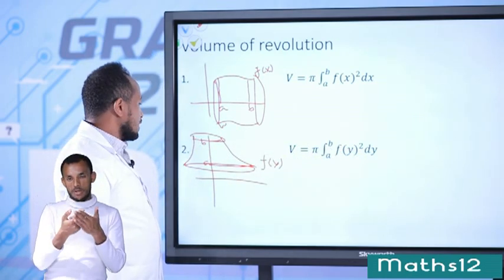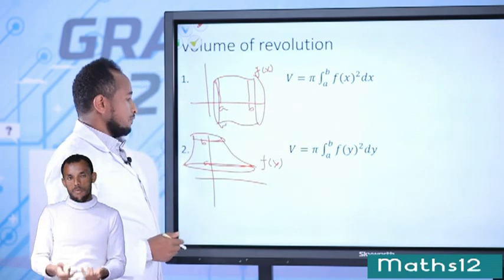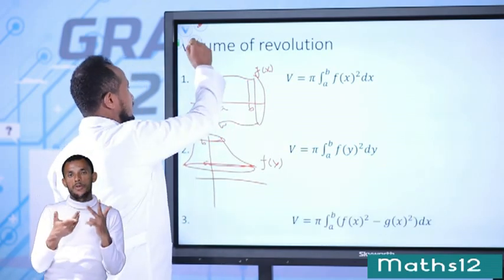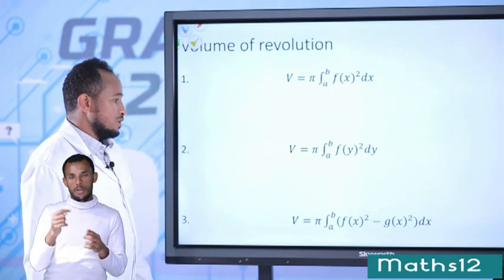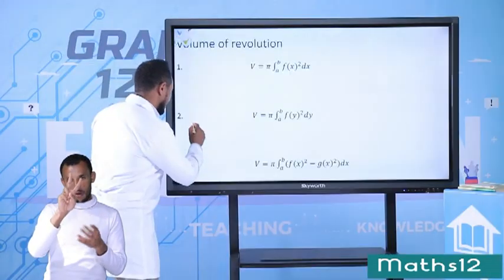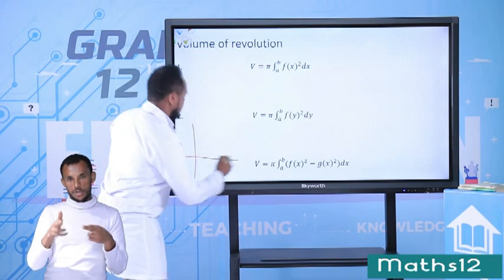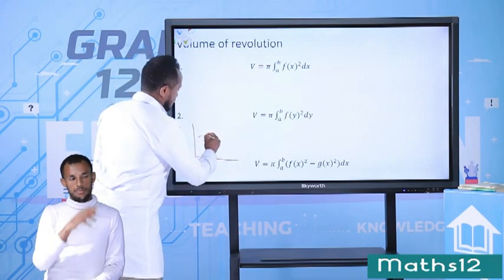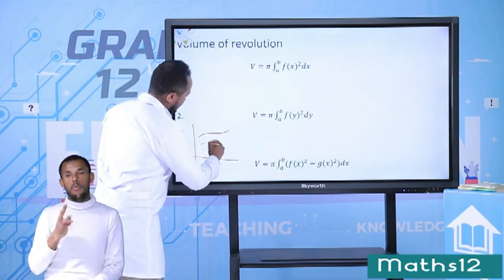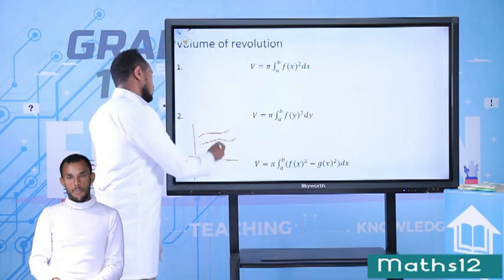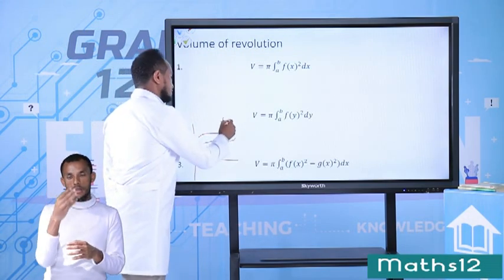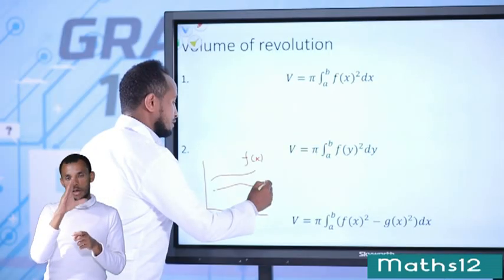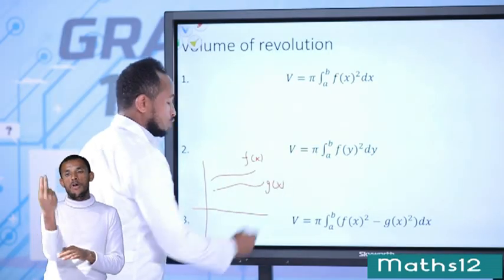So this is it. Now the third one, when the volume is between two regions. We have two functions. The upper function, assume it is f of x, and the lower function, g of x.